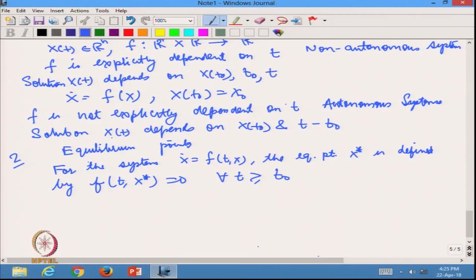So, x star is a point which satisfies this equation f of t comma x star is equal to 0 for all time t greater than or equal to t naught.